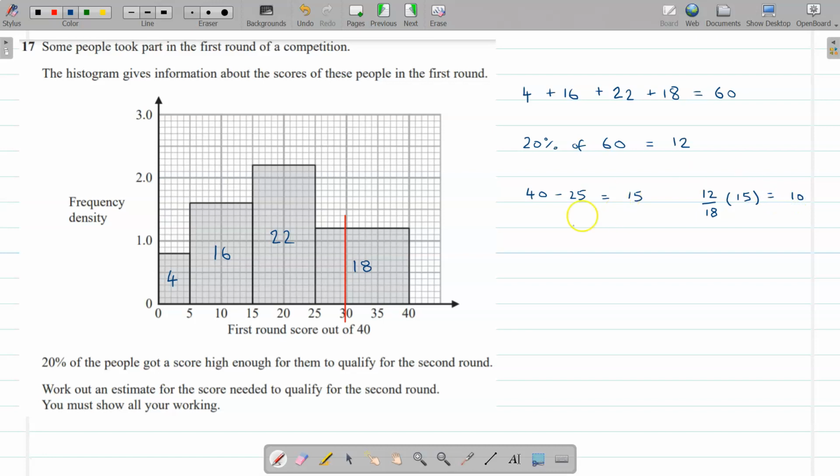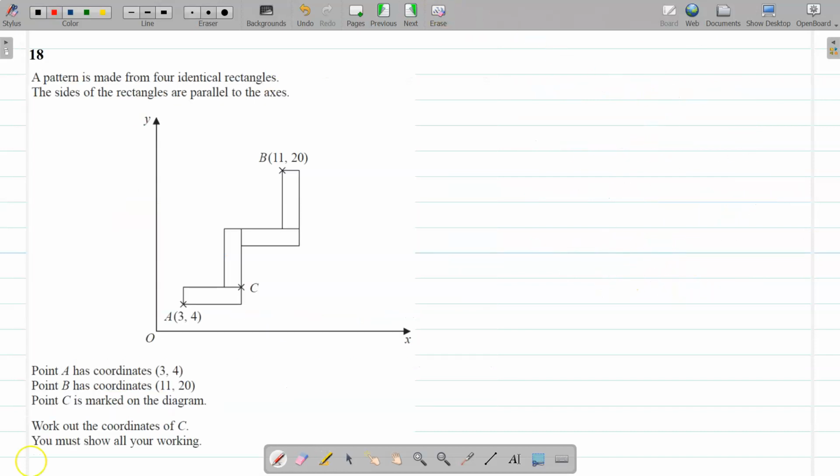And then I'm going to take the highest score, 40, minus the 10 represented, which will give me 30. It's almost easier just to see that from the drawings and diagram on there, but that's some supporting working as well. Next question, 18.